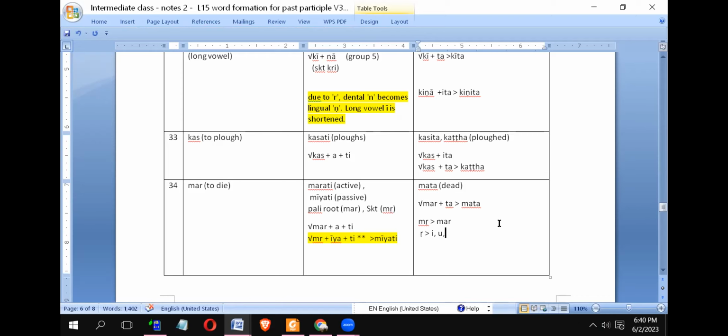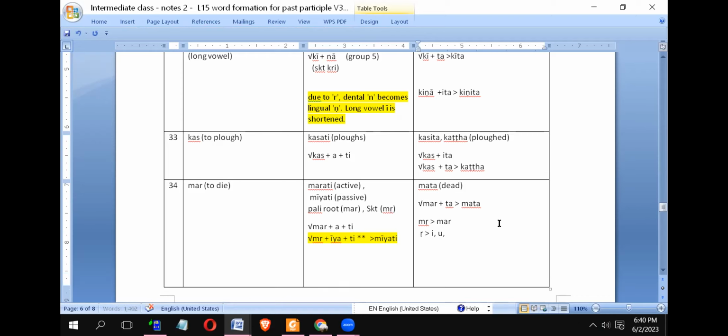If you're talking about the Sanskrit R-dot, then maybe it's reasonable that M R-dot changes to Mi, right? Changes to I. Then plus the suffix iya, then you have Miya, and then you plus the ti, Miyati. So this is difficult to understand unless you refer to Sanskrit MR in this example.